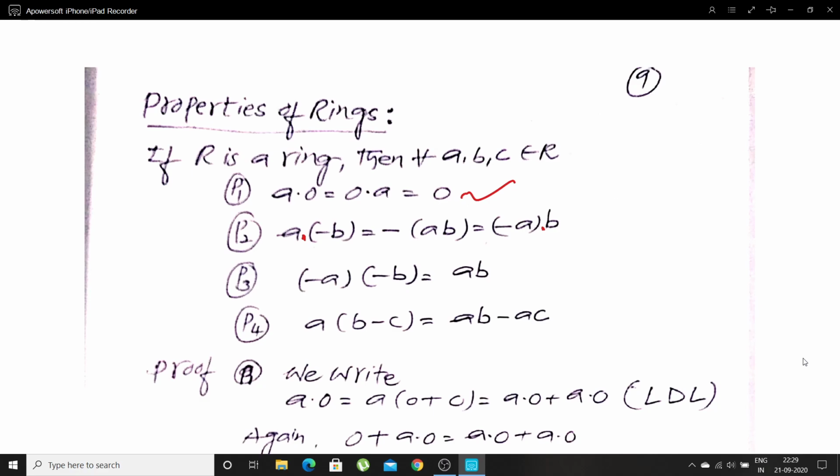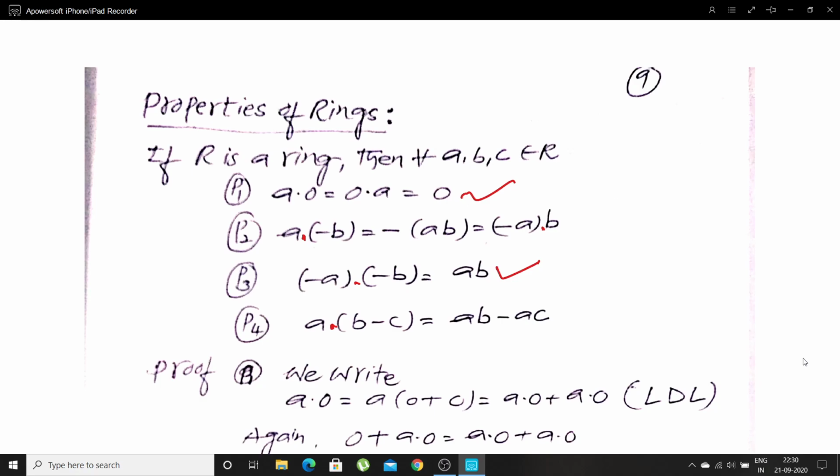Third property, minus a dot minus b is equal to ab. Fourth property, a dot of b minus c is equal to ab minus ac.